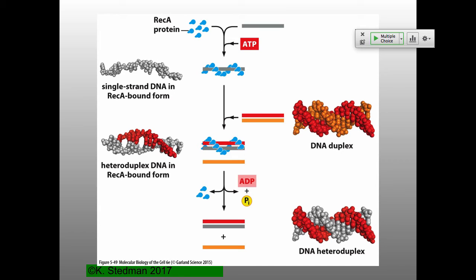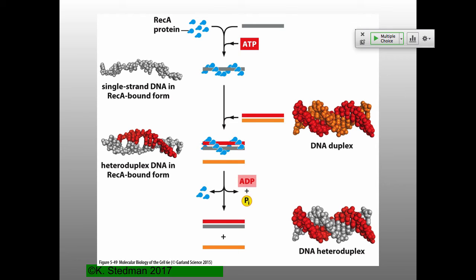And then what happens, which is really amazing, is these enzymes, RecA, RAD51, through ATP hydrolysis, switch strands. So they take this gray strand and bind it to one of the strands of the DNA duplex.